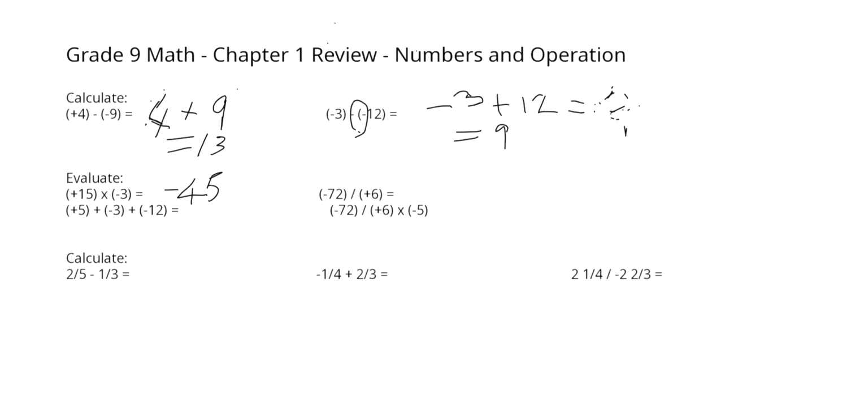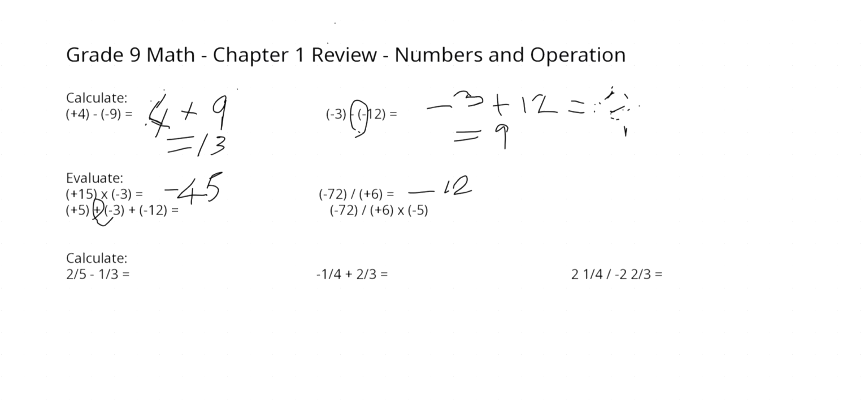Then we go down, +5 plus -3 plus -12. As you can see, the plus does not bear a lot of weight, so it's really the negative that's going to carry that. So we're going to rewrite this as 5, -3, and the same thing applies for the plus negative 12 here, so that becomes negative 12.